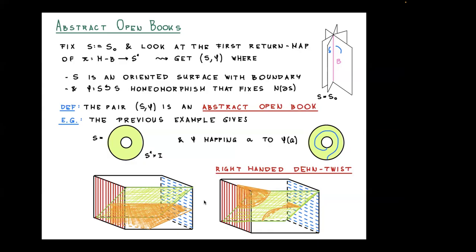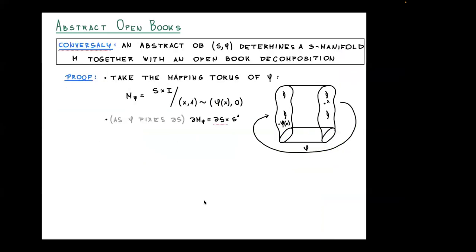Okay, so let's talk a bit more about abstract open books. If someone just gives you an abstract open book, remember that was a surface together with the monodromy map, which was a homeomorphism which goes back to the surface and fixes the neighborhood of the boundary, you can define a three-manifold. Here's the way you define it. First, you form a mapping torus.